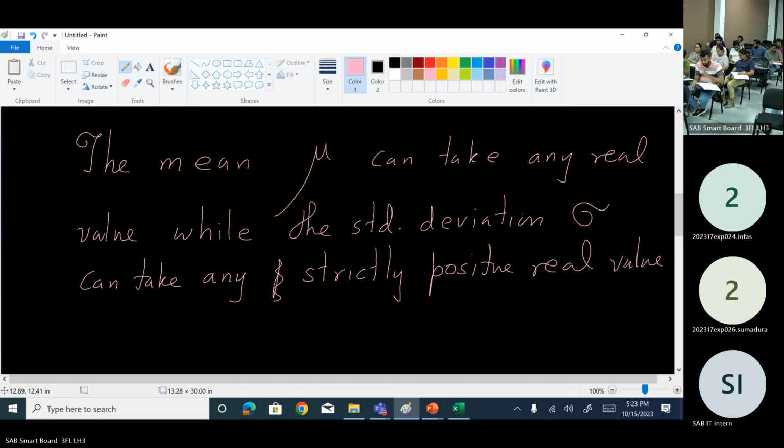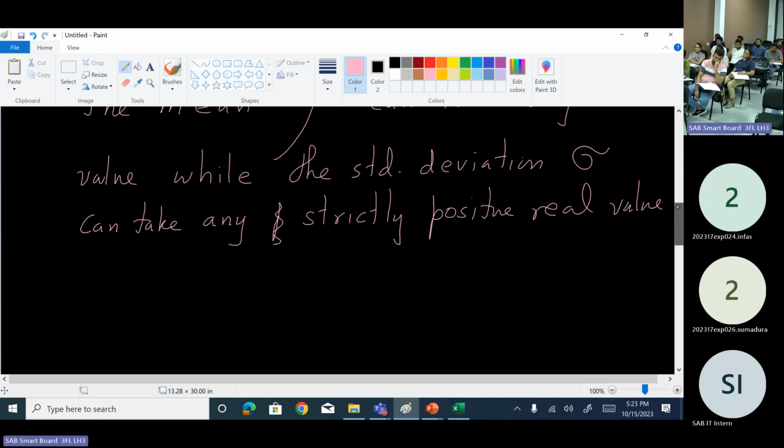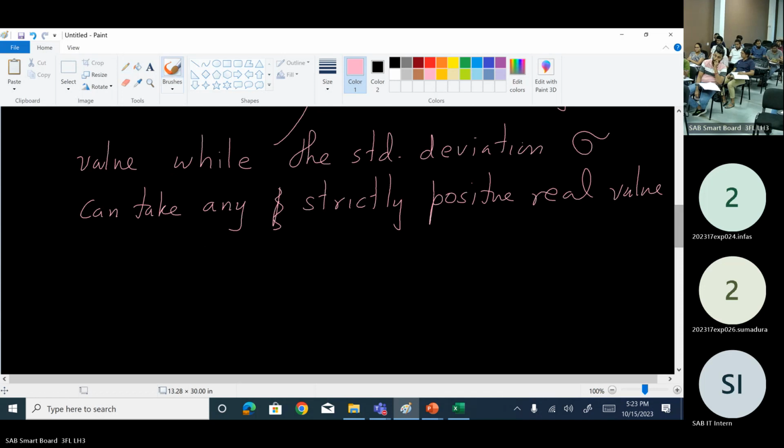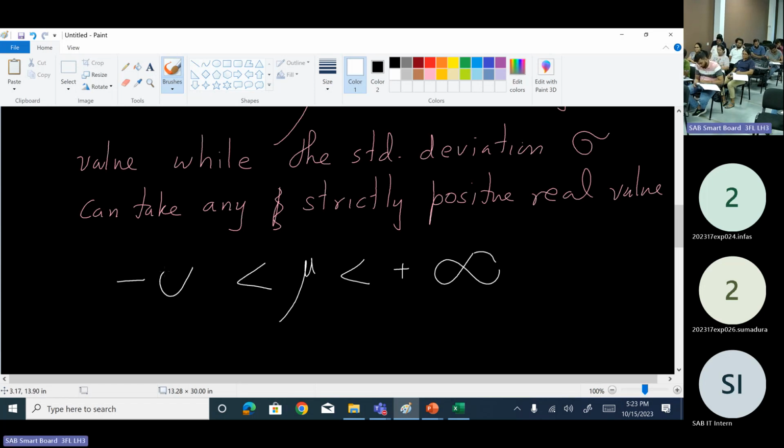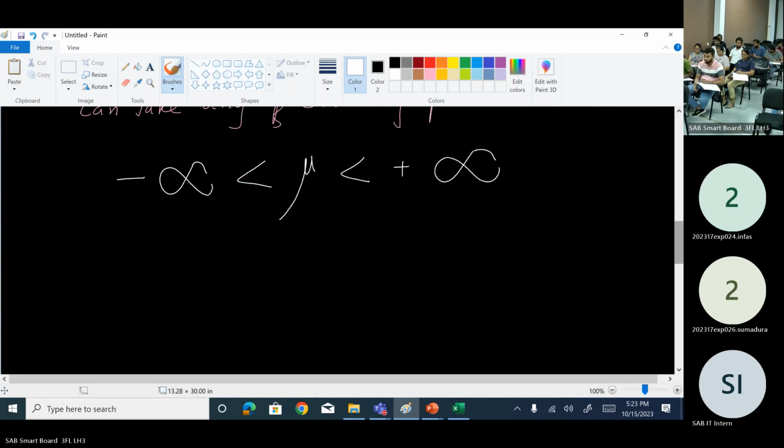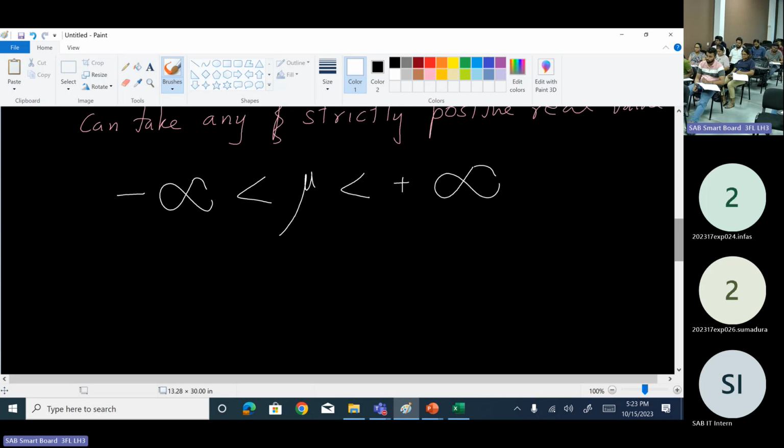So in notation form, if we want to write that statement: mu lies between minus infinity and plus infinity, and sigma is above 0 and below plus infinity.